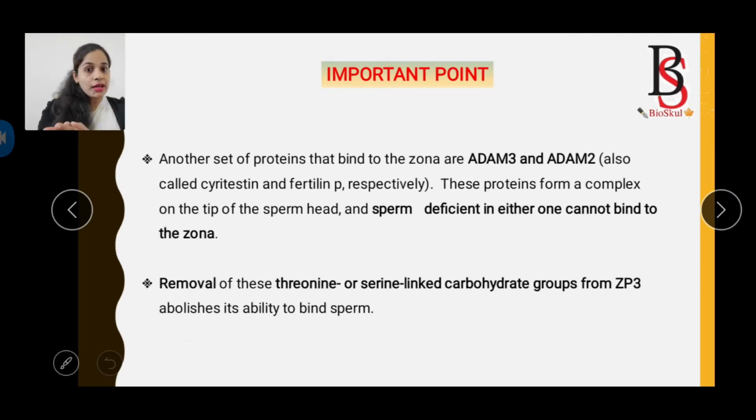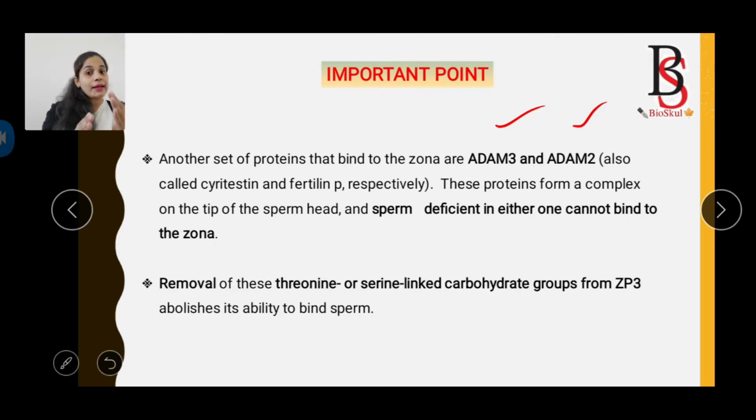What are the important points to remember? In addition to SED1 and GalT, another set of proteins that bind to the zona are ADAM3 and ADAM2. These proteins form a complex on the top of the sperm head, and sperm deficient in either one cannot bind to the zona.